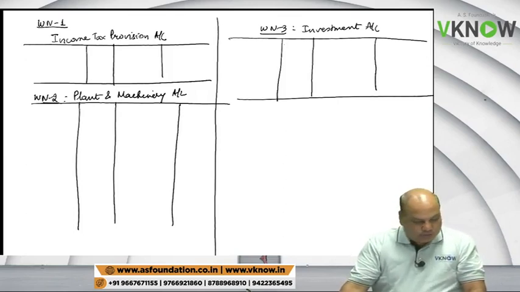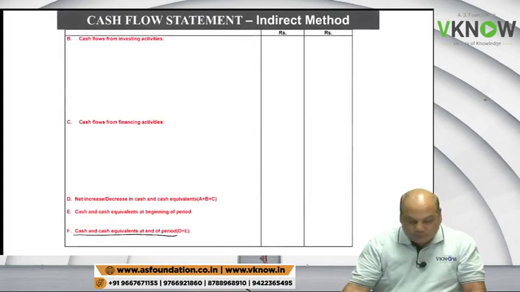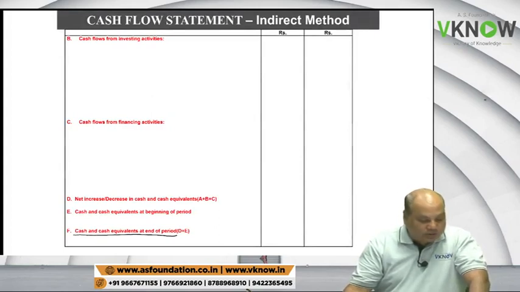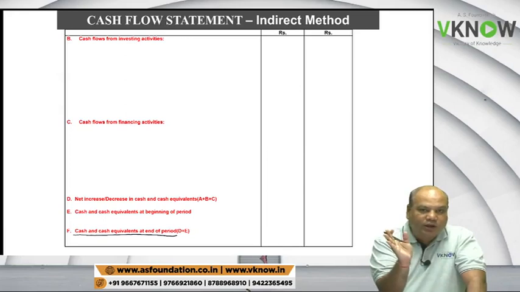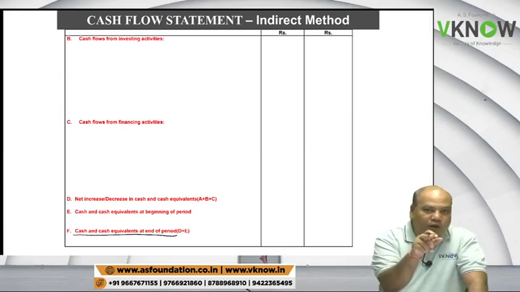Chetan is saying start. Start with the liability side, share capital. Opening balance of share capital was 3 lakh. Read from right to left. 3 lakh became 4 lakh.